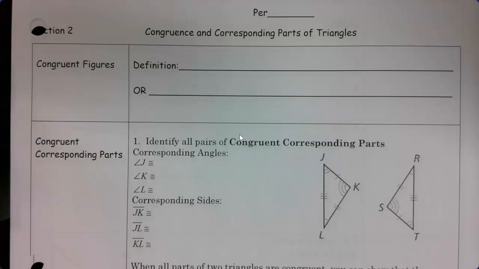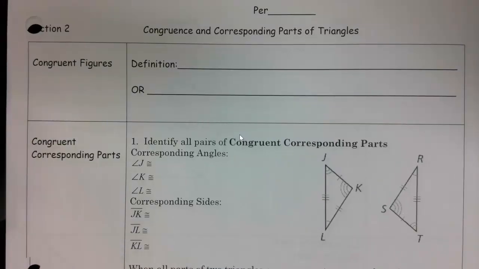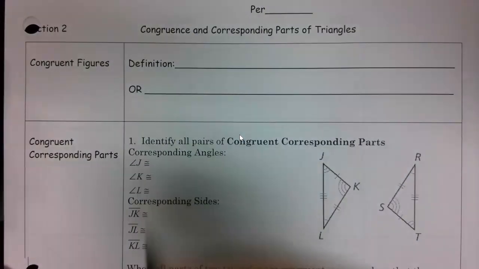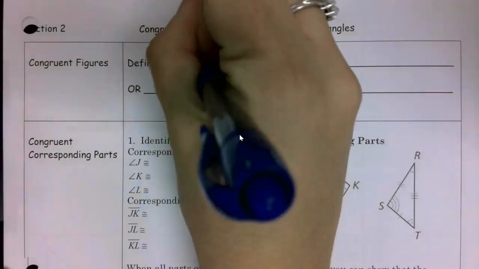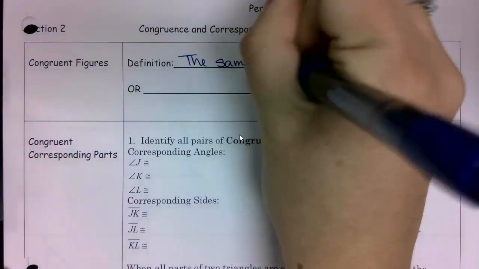Okay, so today we are working on congruence in corresponding parts of triangles. Congruent figures have the same side lengths and angles.